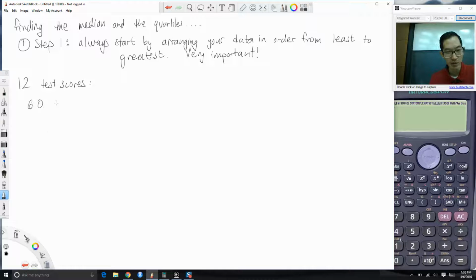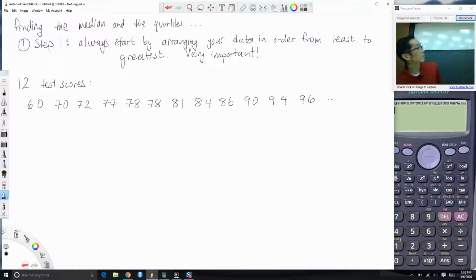So we've got, let's say, 60, 70, 72, 77, 78, 78, 81, 84, 86, 90, 94, 96. Okay, 12 test scores. All right, so the median, we say half are smaller, right?